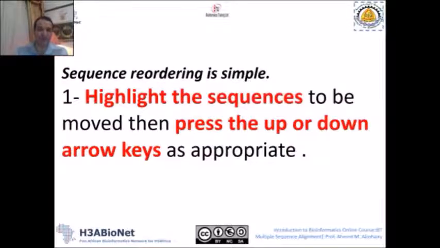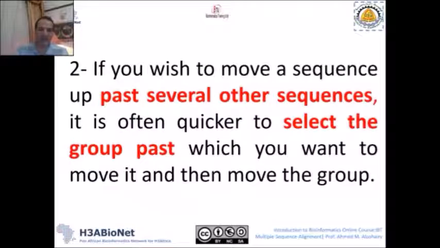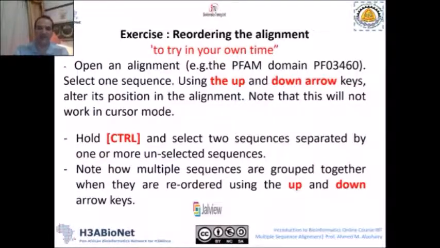Sequence reordering is simple. Of course, you can do it in other ways, by highlighting the sequence to be moved. Also, you can reorder by hand instead of using this sort option. You can click on any sequence and just move the arrows up and down, and you can order your sequences in the order you want.